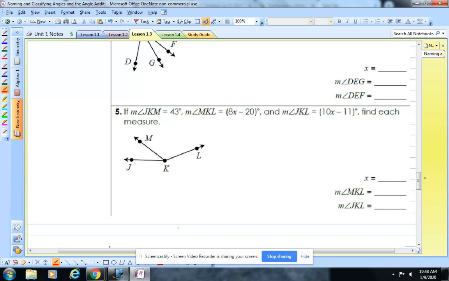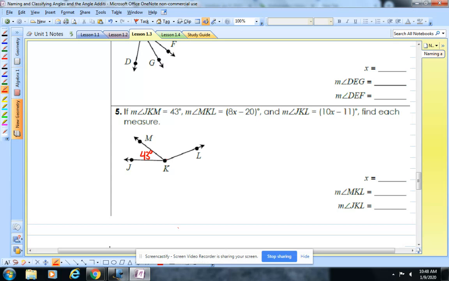Okay, so on number 5, what's the first thing we really need to do? Label everything. Angle JKM is 43 degrees. And especially be careful and actually read the letters. JKM, that's that angle. Use a little finger dance, pencil dance, whatever with your angles, okay? Make sure you plug it in for the right thing and know which one's the big one and which ones are the little ones.